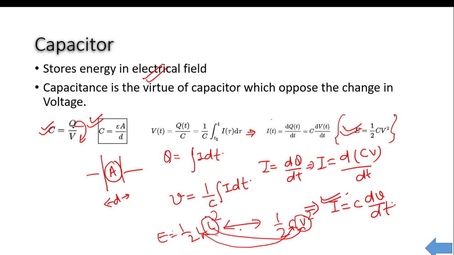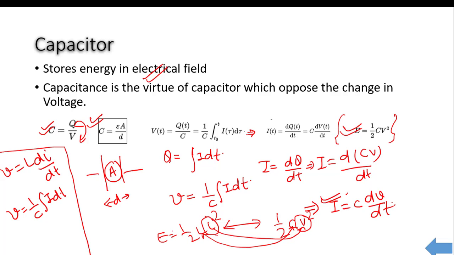So this analogy can be established. So in a nutshell, for an inductor, voltage V is equal to L di by dt. If you want current, you need to integrate it. For a capacitor, it is V is equal to 1 by C integration I dt. It is as simple as that.